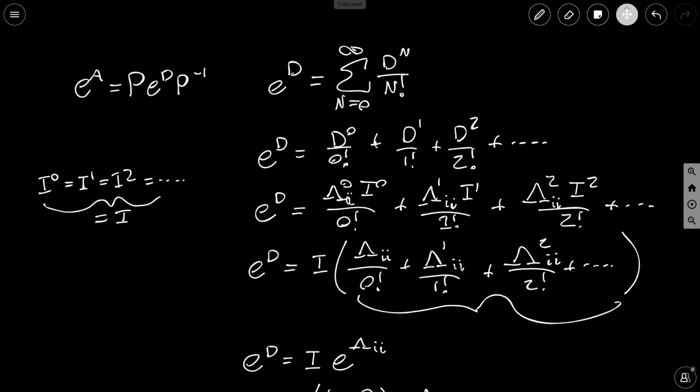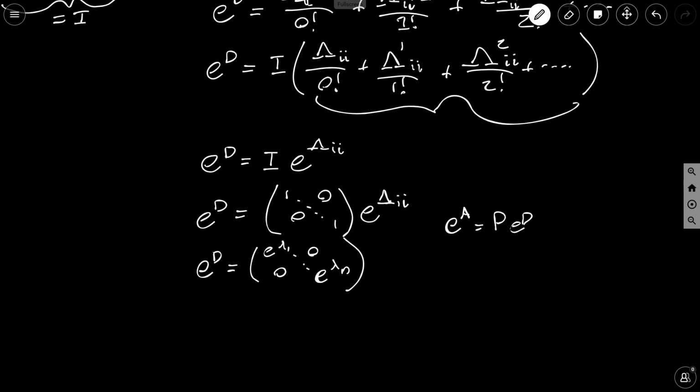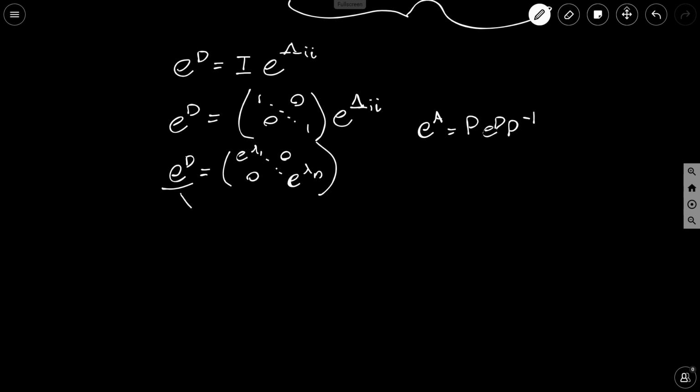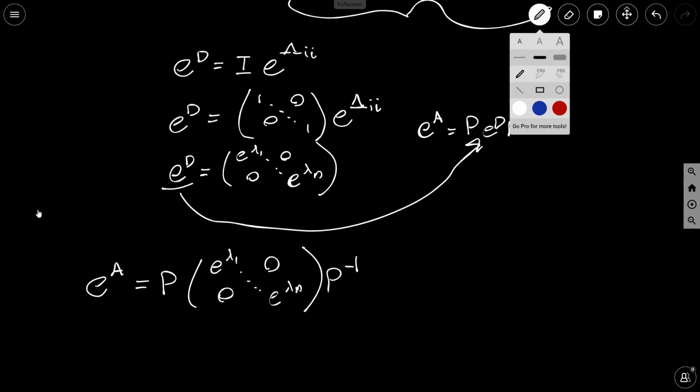And we said that e to the a is equal to p e to the d p inverse. And so we can finally substitute e to the d into here for our e to the a, which is what we wanted to find. We finally get e to the a is equal to p times e to the d, which is just this that we just found out, times p inverse, and we are done.